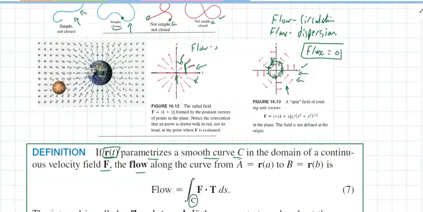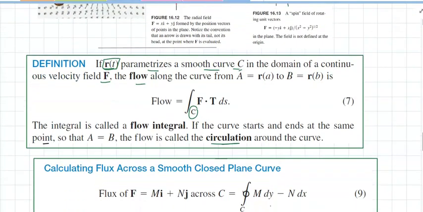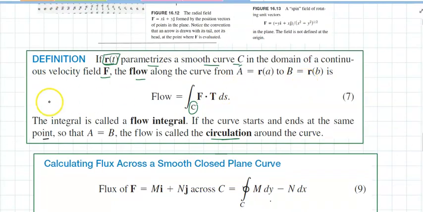Well, just to demonstrate, T is the unit tangent. And since the unit tangent is actually r prime divided by the magnitude of r prime, if you remember, and isn't ds the magnitude of r prime dt?